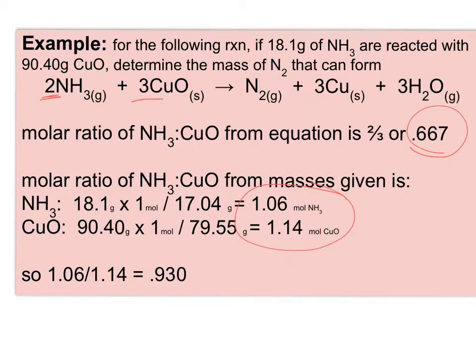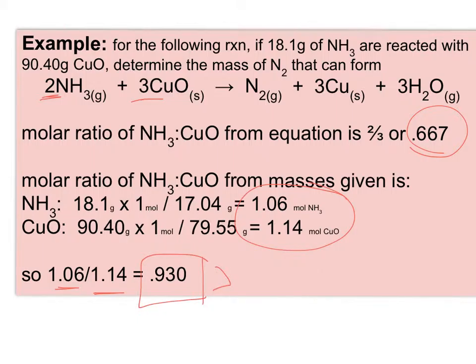So just like in the previous problem, I still have to convert the 18.1 and the 90.4 to molar amounts. There's no getting around that because that's what the equation represents as molar amounts. So I get the 1.06 and 1.14, and since I put NH3 on top in the previous ratio, then I do the same thing here, and I come up with a ratio of 0.993.